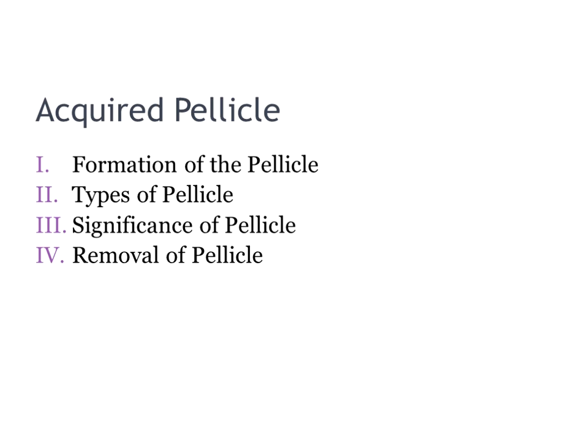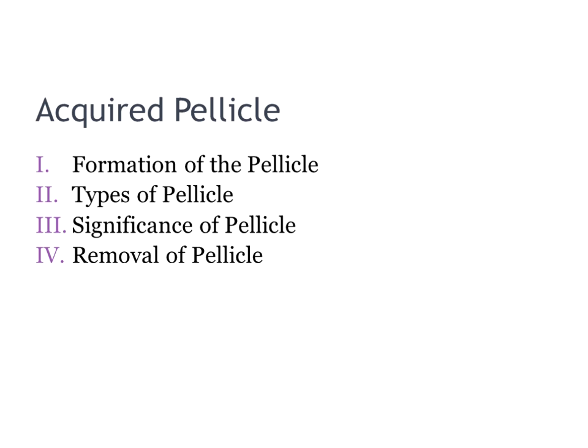So the acquired pellicle is a thin, acellular, tenacious film formed of proteins, carbohydrates, as well as lipids. Every board exam seems to have a definition of what the acquired pellicle is. The pellicle is uniquely positioned as the interface between the tooth surface and the oral environment. It forms over exposed tooth surfaces as well as prostheses.